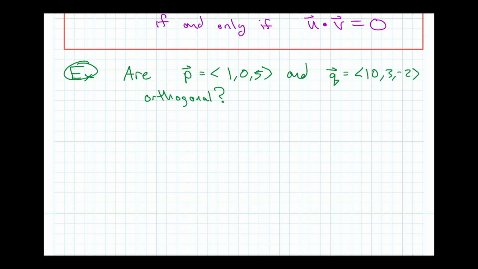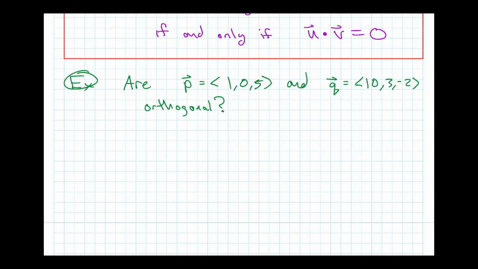First of all, remember that orthogonal means 90 degrees, but also you know that the way to check it is to check if the dot product is 0.